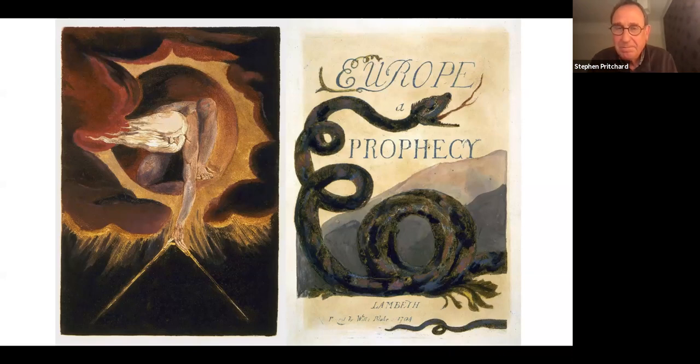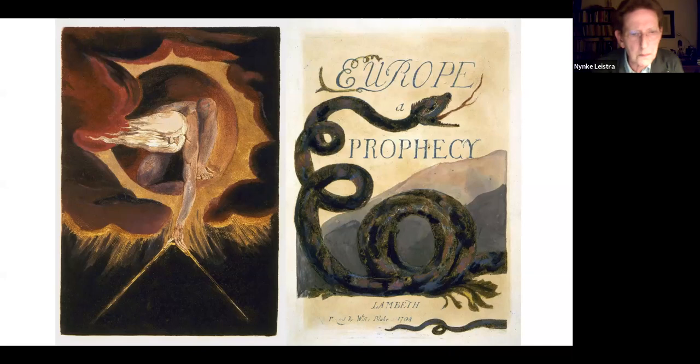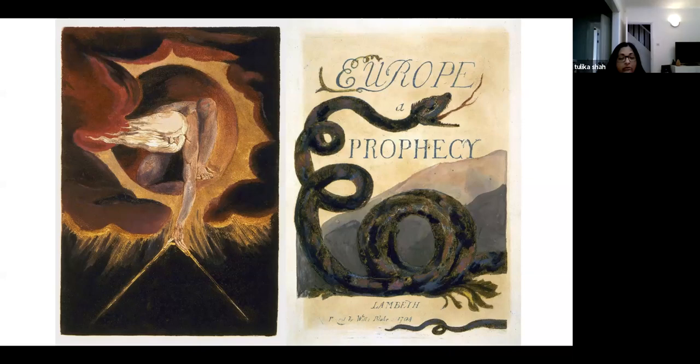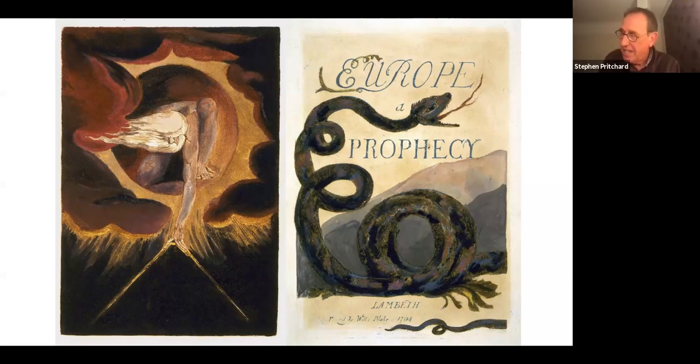Actually, the quote is thought changed the infinite to a serpent. Yes, which seems to work across the two in terms of the limitations of the Urizenic constrictions, and thought is changed into the serpent, which we see there.